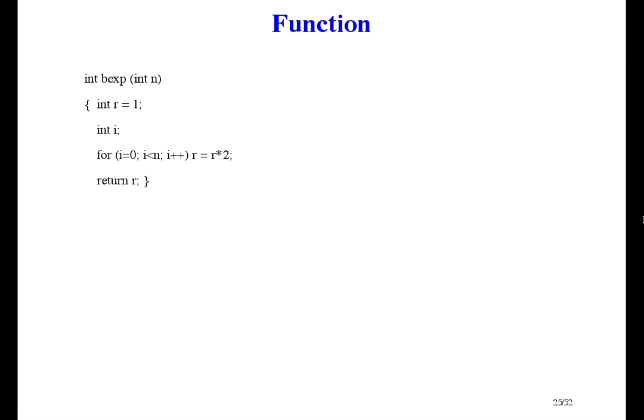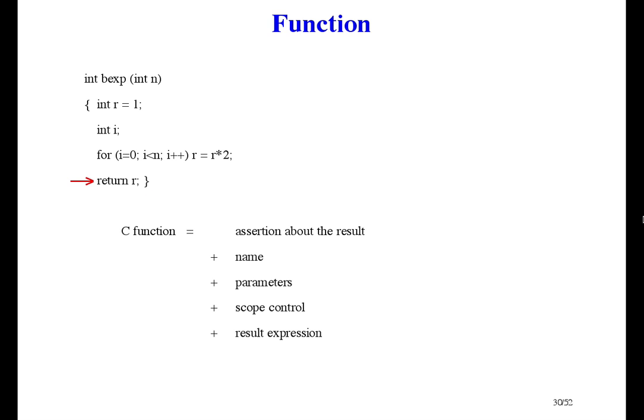A C function starts with an assertion about the result, namely its type, int. Then there's the name of the function, then the parameters, then the curly brackets delimit the scope of the local declarations, and then there's a result expression, except that C uses the word return.